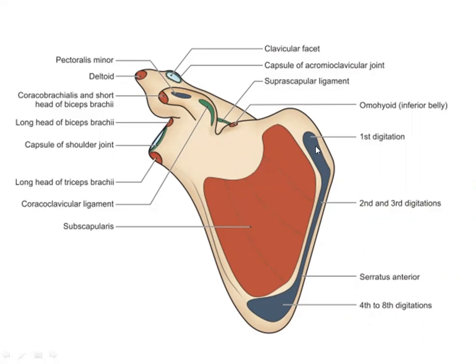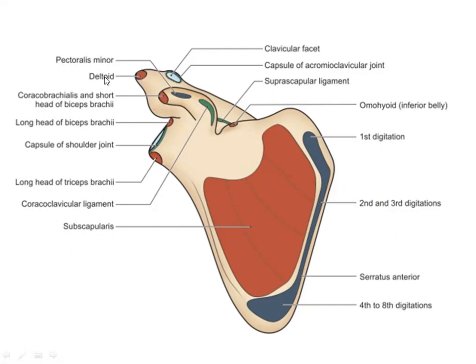Then the serratus anterior muscle insertion is on the medial border of the scapular bone. In the infraglenoid tubercle, there is the long head of the triceps muscle origin. In the supraglenoid tubercle, the long head of the biceps muscle origin. In the tip of the coracoid process, there is the coracobrachialis and short head of the biceps brachii muscle origin.